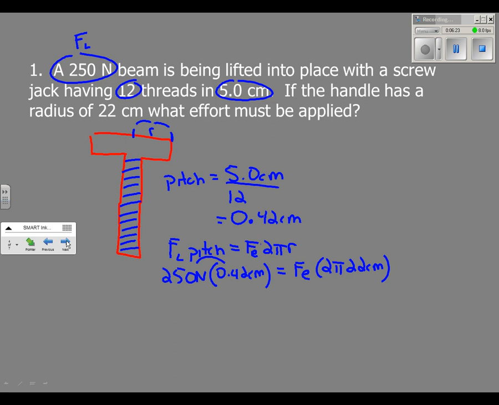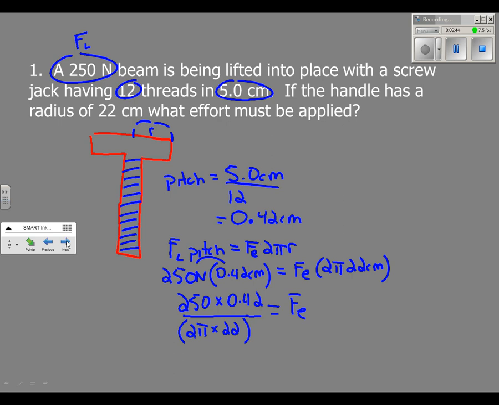Because you're going to have to type into your calculator 250 times 0.42 divided by, and make sure you use brackets, 2 times pi times 22. Then you hit equals. That'll be your effort force.